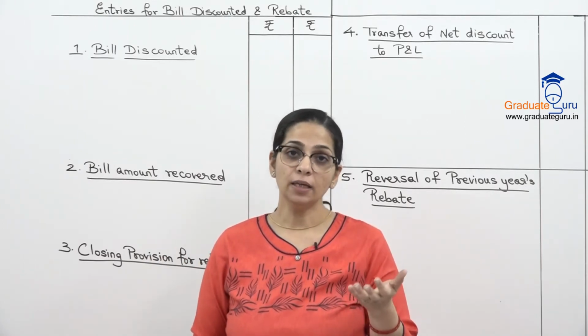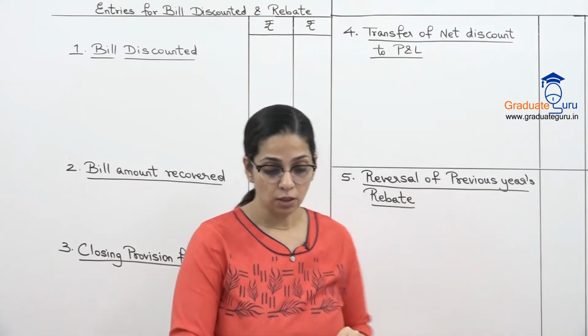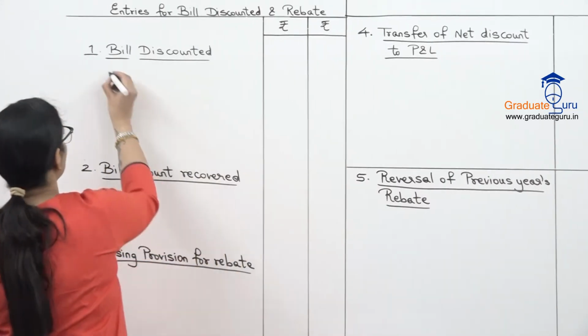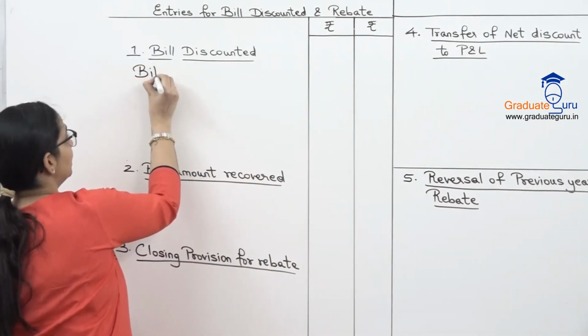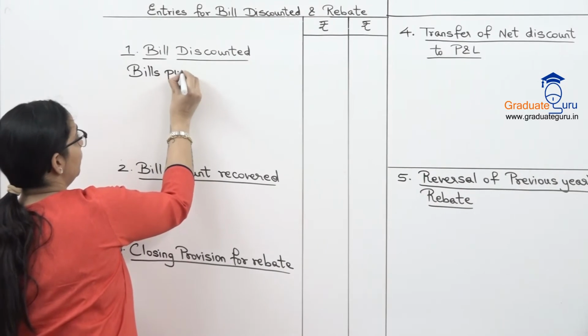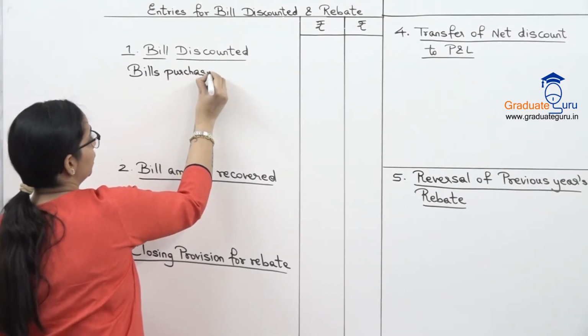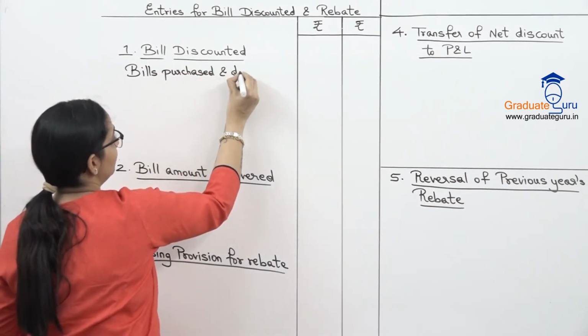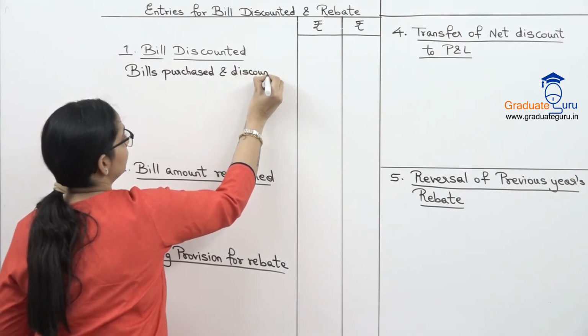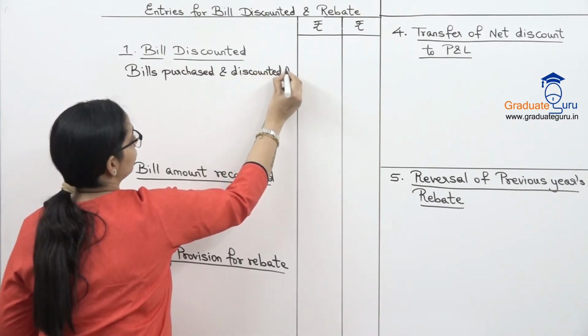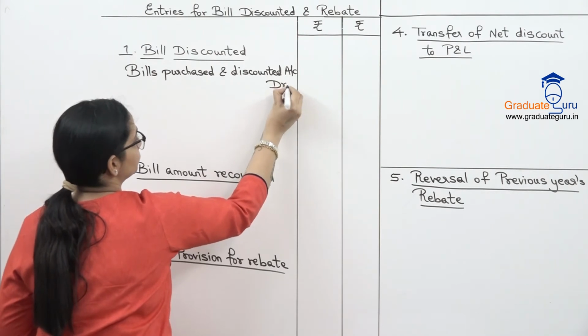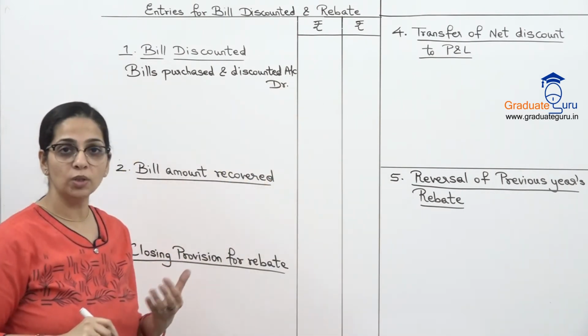But for the bank it is completely the opposite. So for the bank, the entry is, they are getting the bill. So bills purchased and discounted account debit. So they are debiting the bill which is coming in.